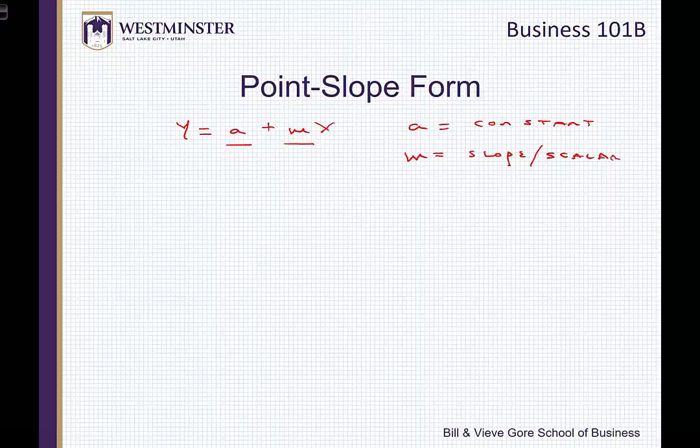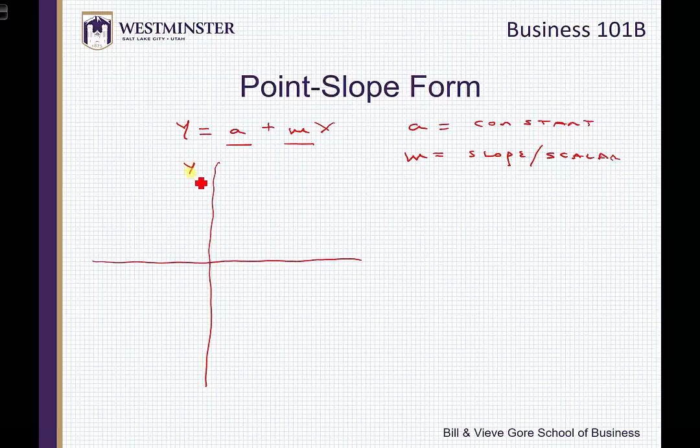So if we think about this in the Cartesian coordinate space that we've considered, we have y and x, we can suppose that this is going to be a straight line because there is no exponent on x, or y of course. So this is going to give us a straight line.